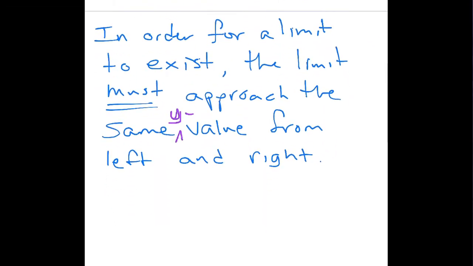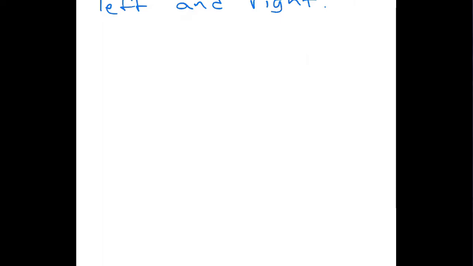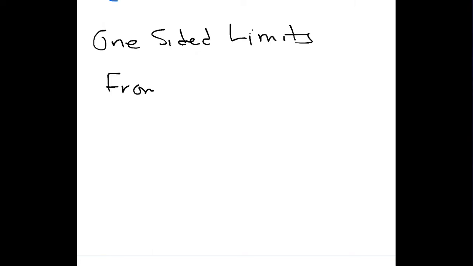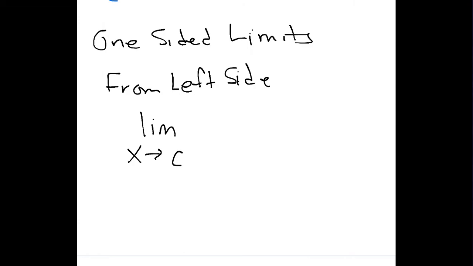So what I mean by that is we can look at things called one-sided limits. From the left side, we would have the notation, the limit as x goes towards some value c with a little negative after it of f of x.